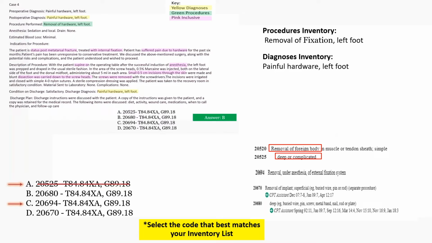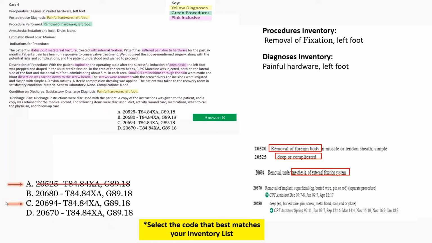And let's look into option C, which is 20694, which is coding for removal under anesthesia of an external fixation device. So if you become a little bit forensic, you can see why option C is a wrong one. It is coding for an external fixation device.